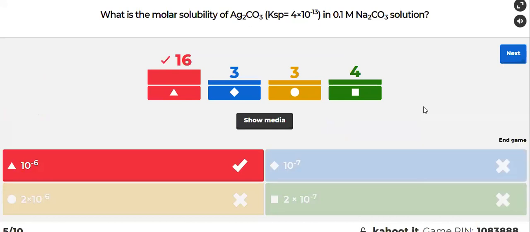Again, it will act as a common ion. So Ksp is equal to concentration of Ag plus whole square into concentration of CO3, which is taken from here.